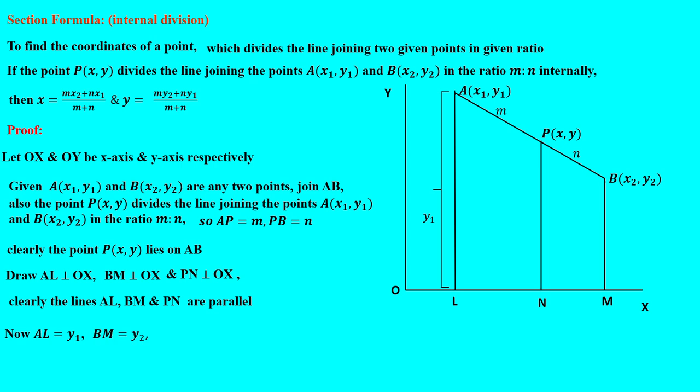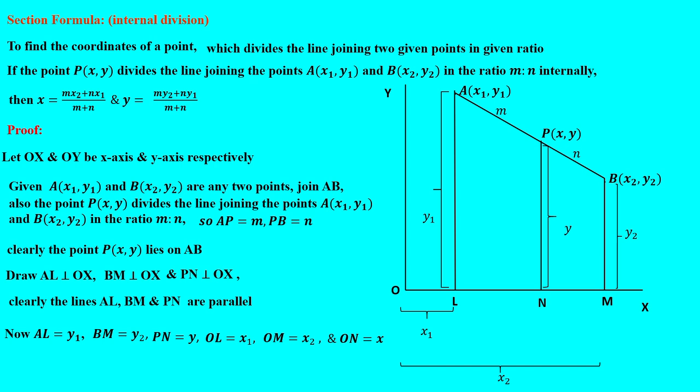And BM is the y coordinate of the point B, that is y2, and PN is the y coordinate of the point P, that is y, right? Now OL is the x coordinate of A, that is x1, OM is the x coordinate of point B, that is x2, and ON is the x coordinate of the point P, that is x.